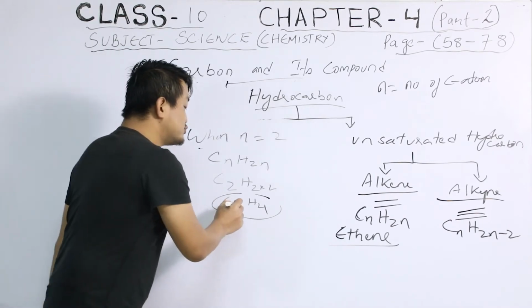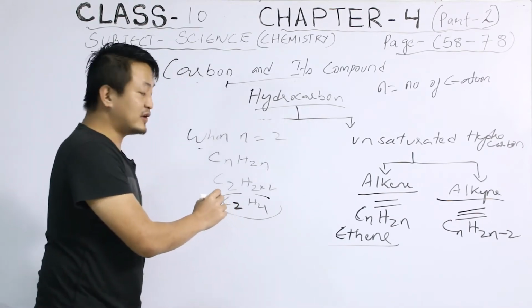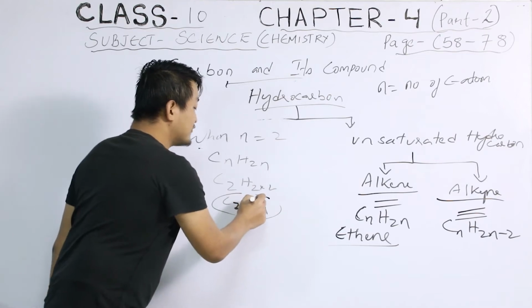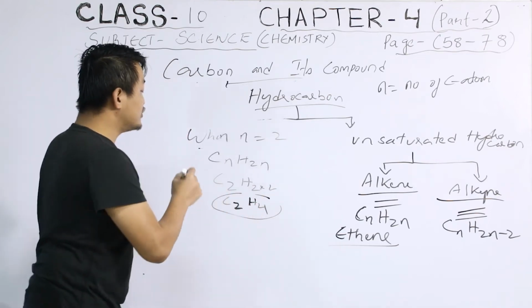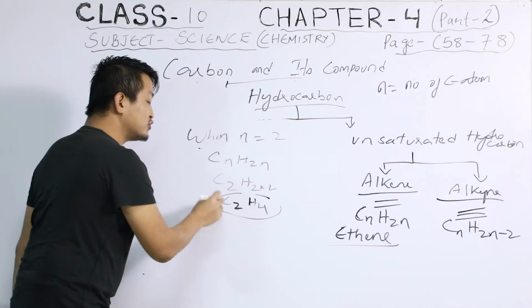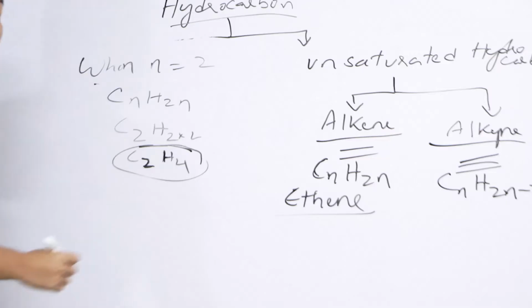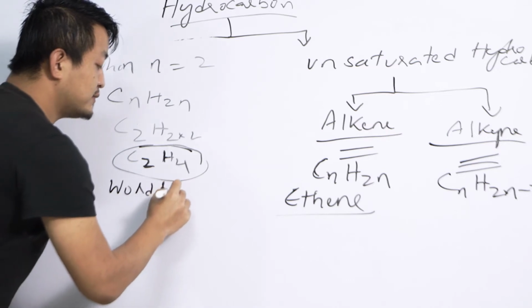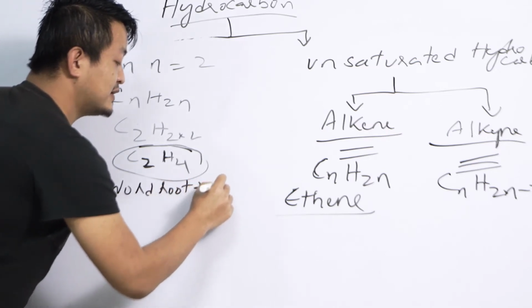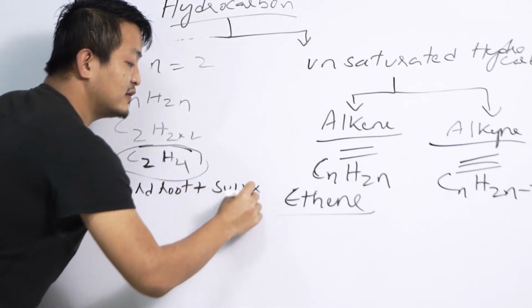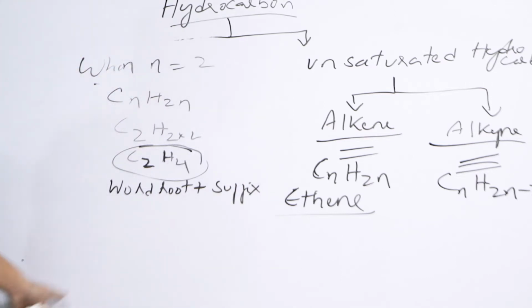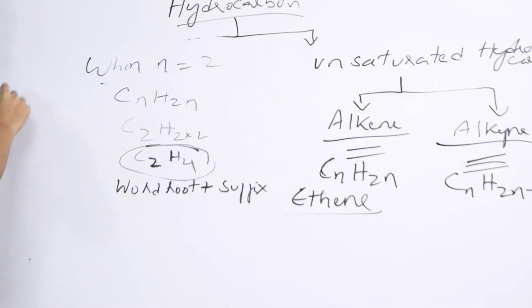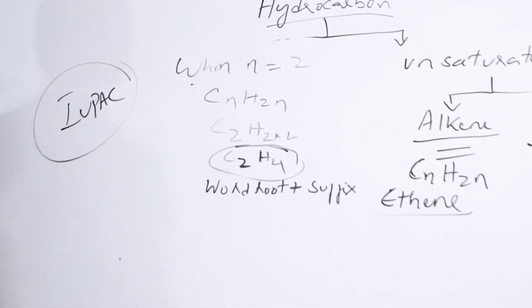Since we have 2 carbon atoms and have applied the alkene formula, in order to name this compound you have to follow the rule of word root plus suffix. This is a simple rule to name the compound using the IUPAC name.